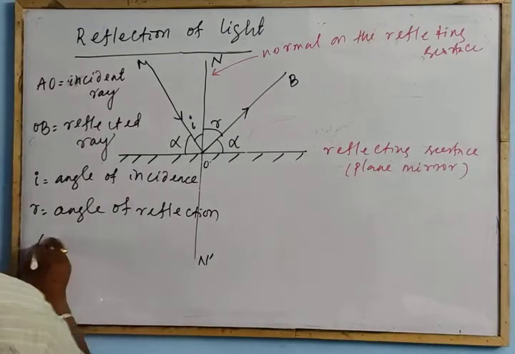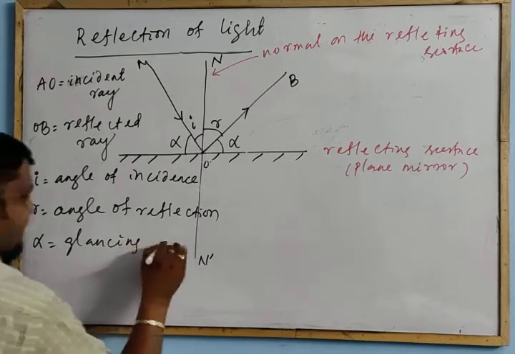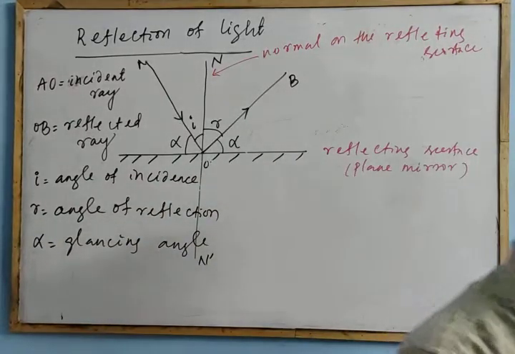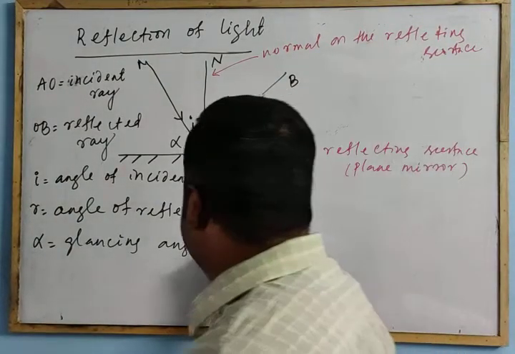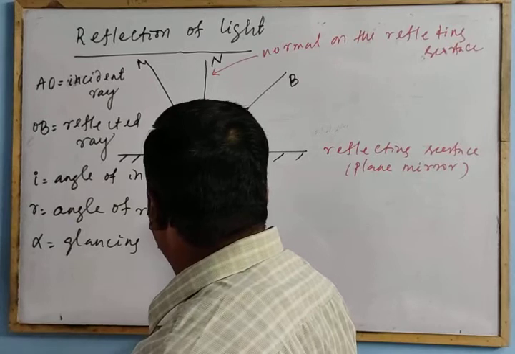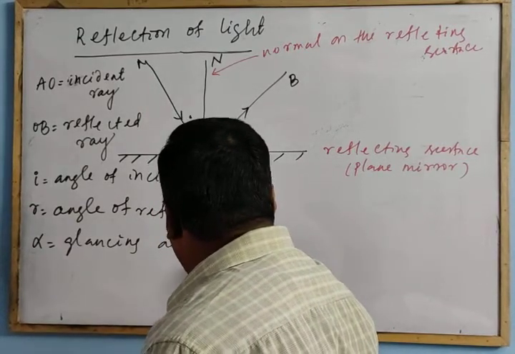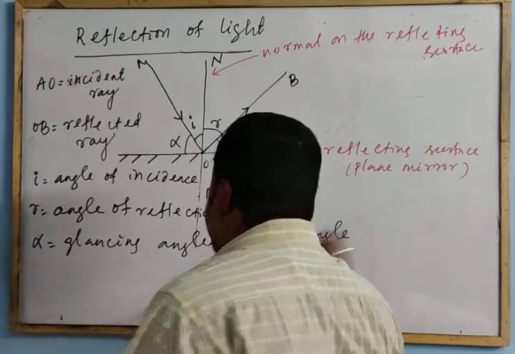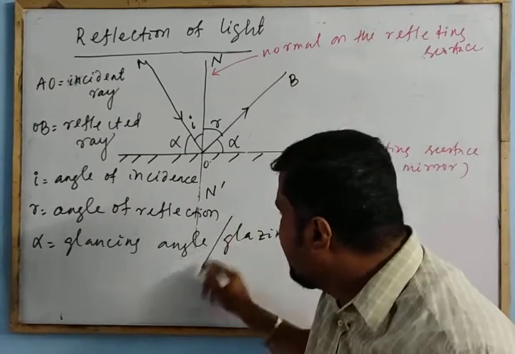Alpha is called the glancing angle, or glazing angle.